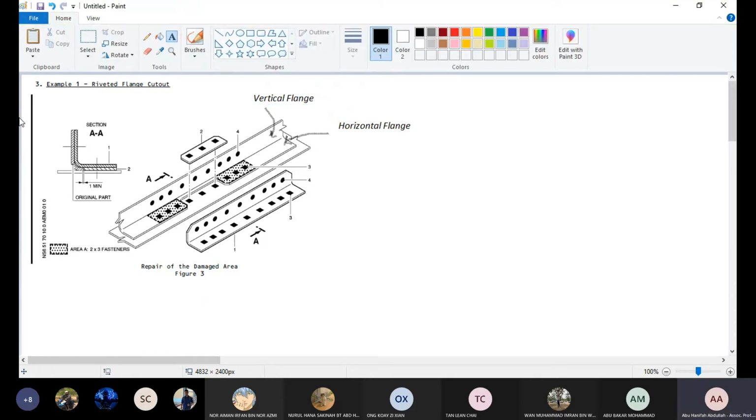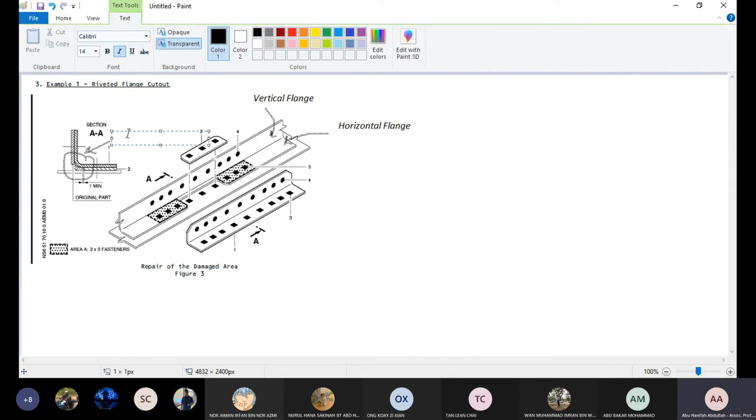And this is angle L, because the shape is L, we call it L angle. And if we look at the radius here, the radius here is generous, it's not sharp. So it's not a sharp radius, it's a generous radius.